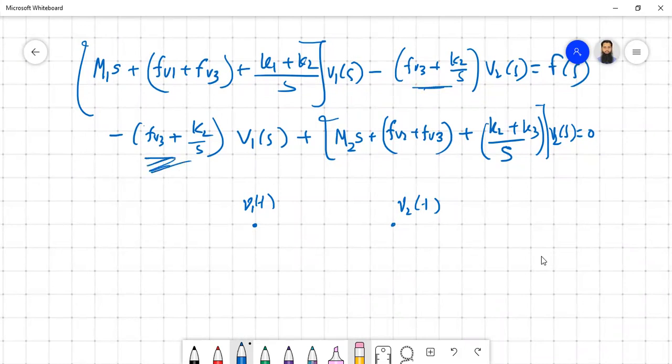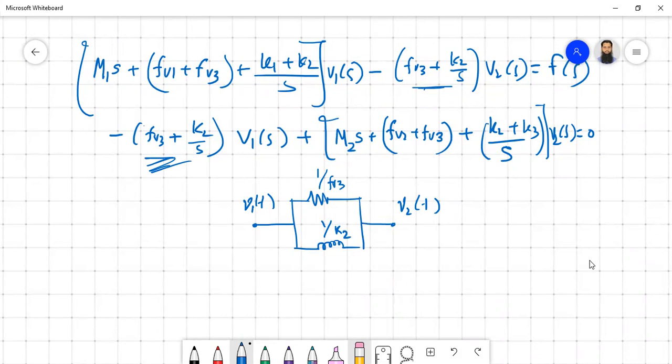So one resistor and one inductor will be there. This K is representing an inductor. So this is 1 by fv3 and this is 1 by K2.